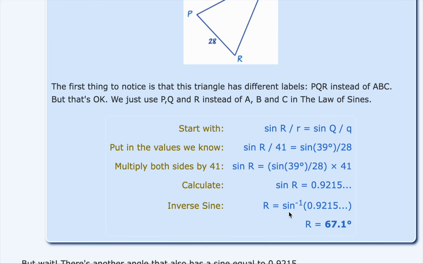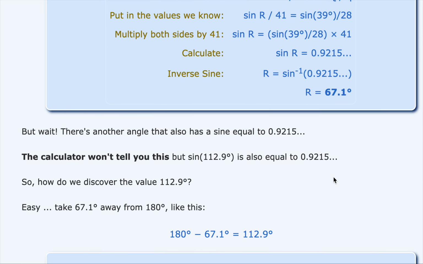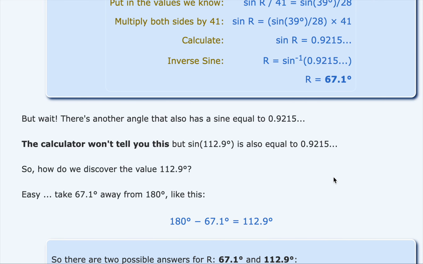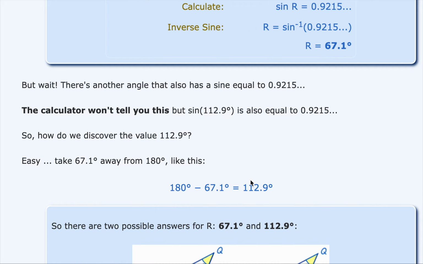So set it up, cross multiply and divide. Then you end up with sine r as this value, then take the inverse, and you get r. R is 67.1 degrees. But as I said, sine is a peculiar situation between 0 to 180 degrees. There are two possible angles where this value is satisfied. All you have to do, once you get this value, is subtract it from 180.